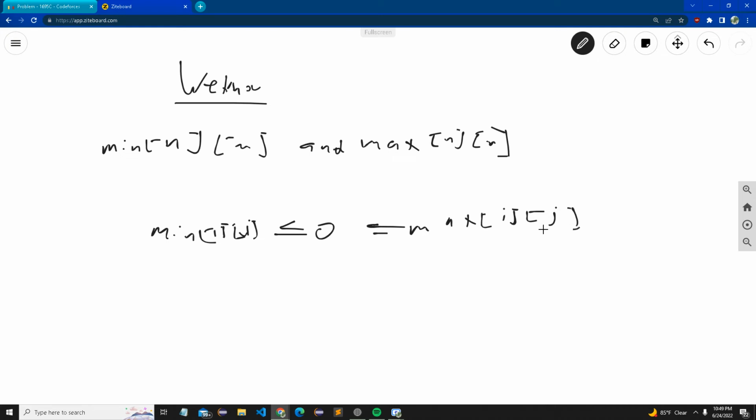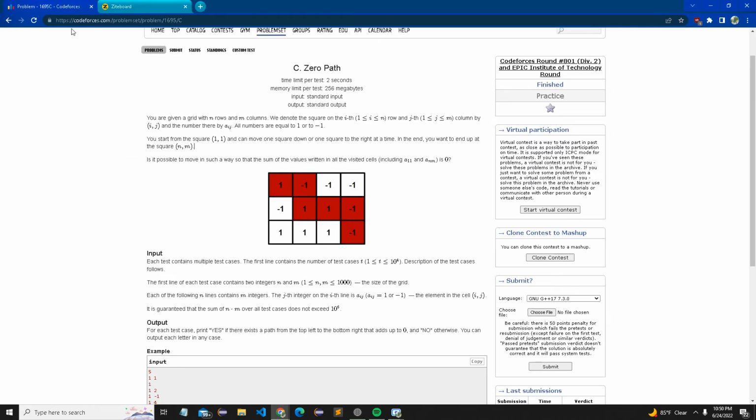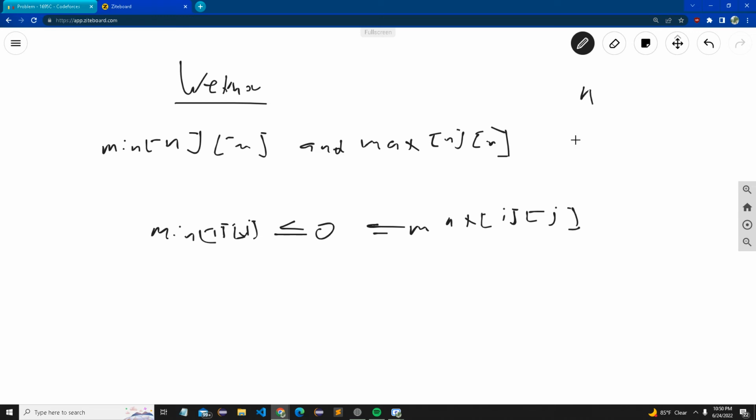And also one edge case that I forgot to talk about is we obviously know there's not going to exist paths. Like here we have 1, 2, 3, 4, 5, 6, but if we have like five cells, then we know that's not possible because we have to have an even amount of squares because it has to add up to zero. So let's say if there's n squares, we need n over two negative ones and n over two ones, and so n has to be even.